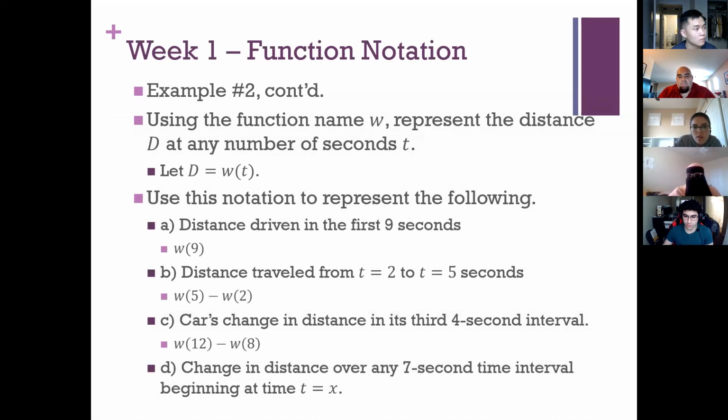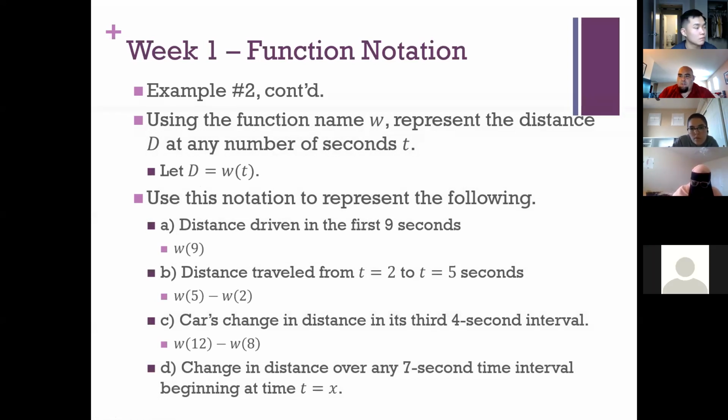Okay. Basically, for all the time that this car is traveling, I want to break that up into little 4-second chunks. The first 4-second interval is between t equals 0 and t equals 4. The second one is between t equals 4 and t equals 8.